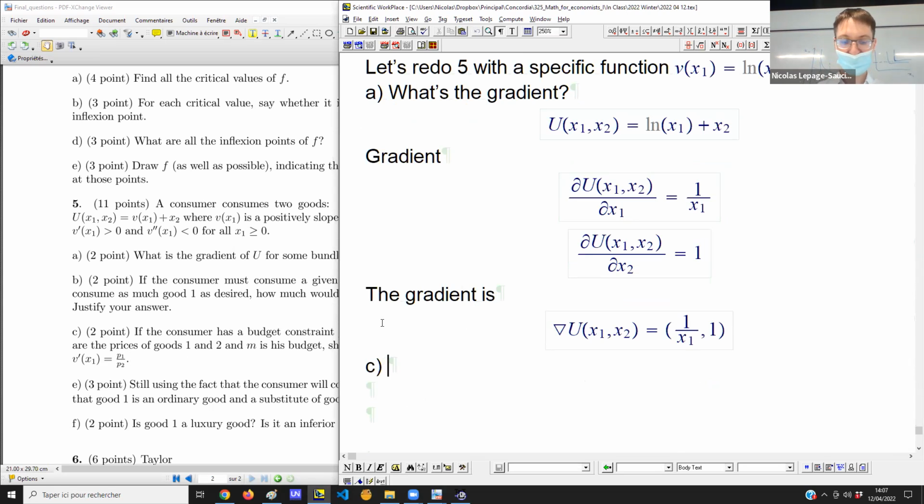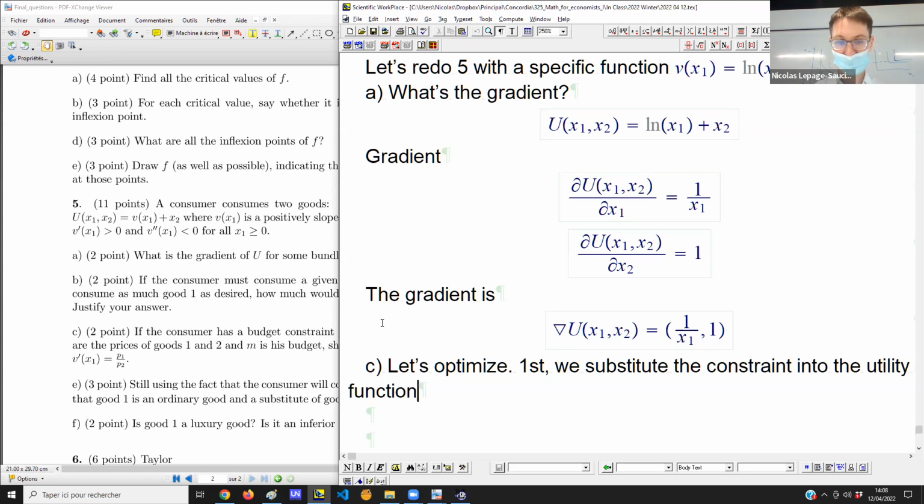Okay, so let's optimize. Let's start by substituting the constraint first. I'm not saying that's the only way of doing it, but that one works.